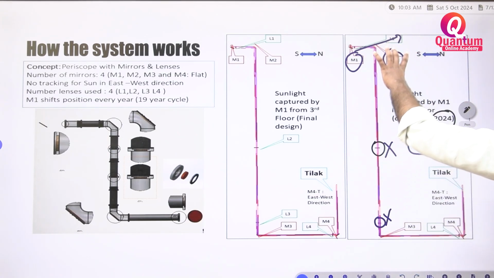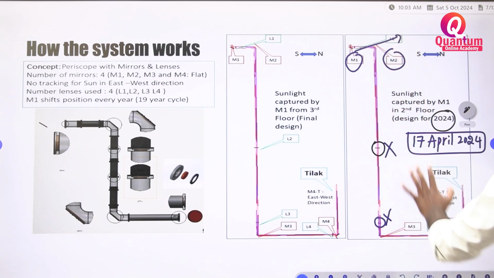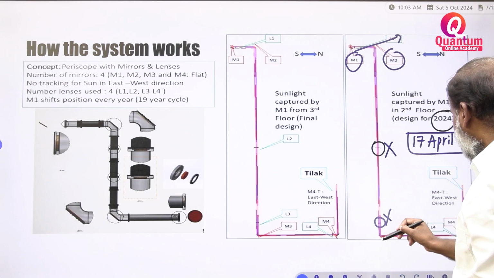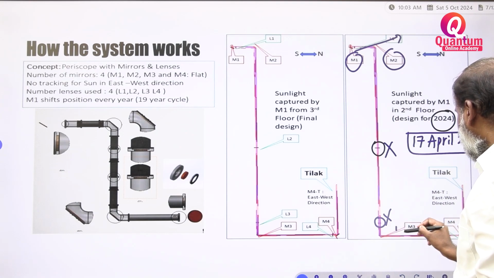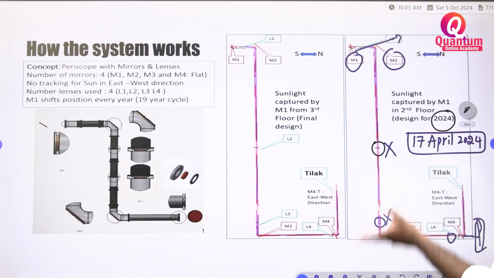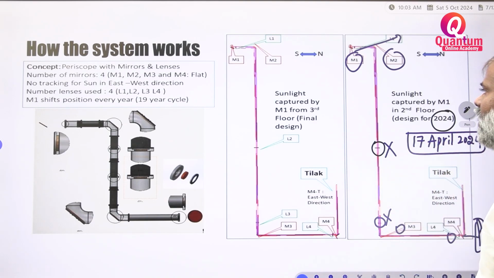At that time, 2 lenses and 4 mirrors were used. The light falls here, mirror 3 and mirror 4 act, and here the Sri Ram idol is there; its forehead Tilak was illuminated on that day at the particular time.